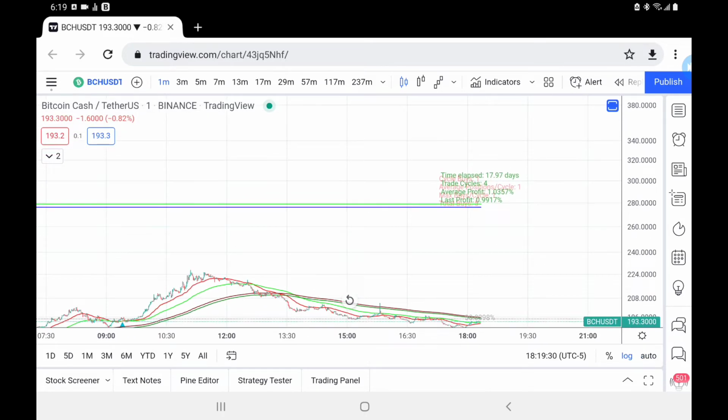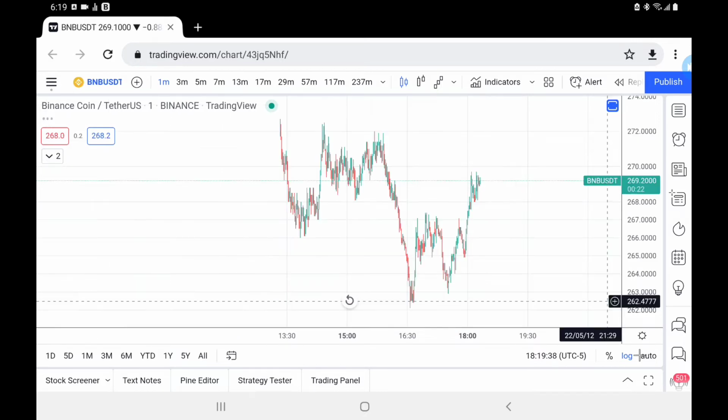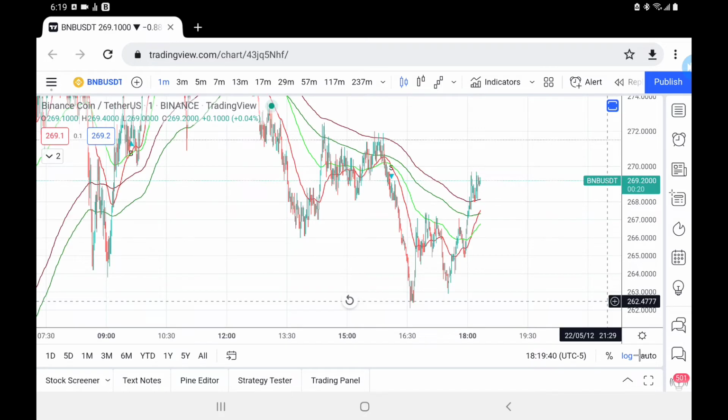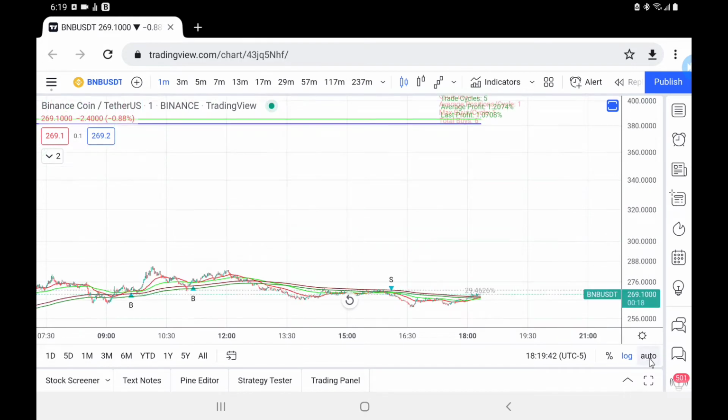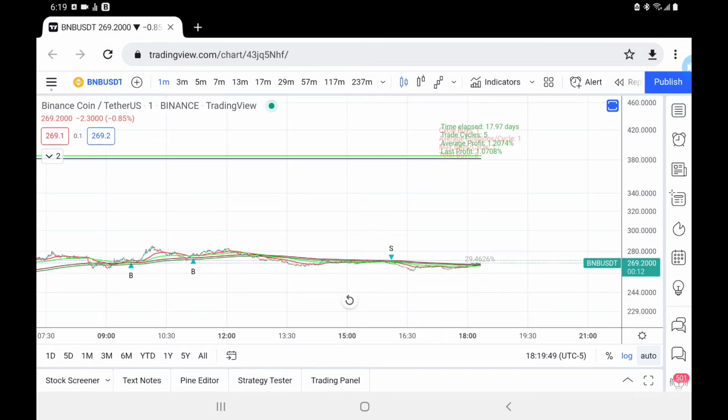Okay, 4 positions or 4 trade cycles. Five trade cycles, and you'll notice about 20 days, 17, 18 days.